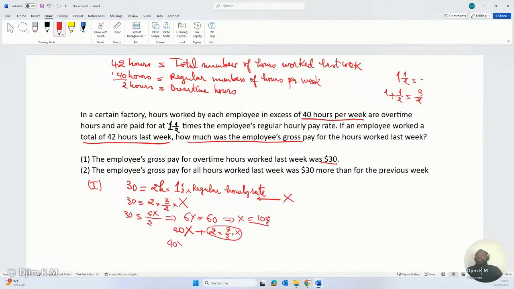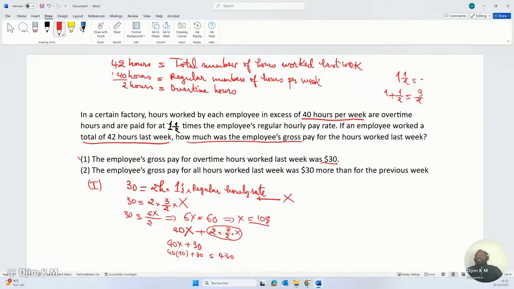So 40 big X plus 30, and big X is 10. So 40 times 10 plus 30 is 430. So that is the gross pay.